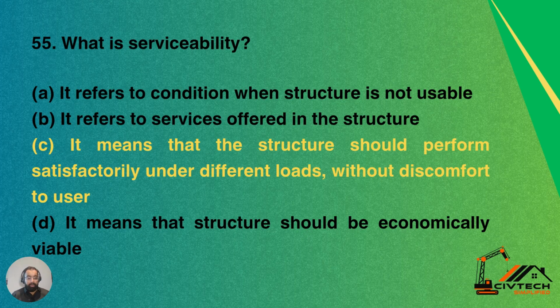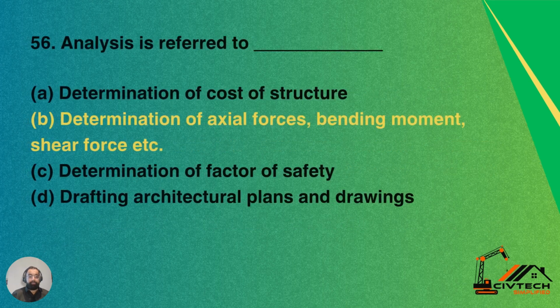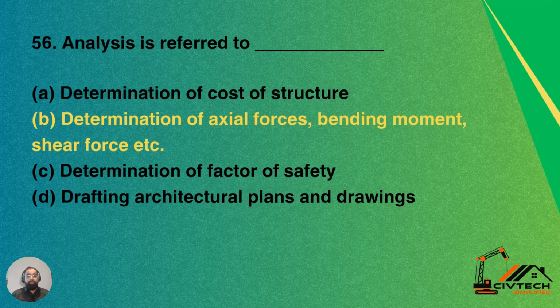Option D, it means that structure should be economically viable. So C is the correct answer for this question. Serviceability means the structure should perform satisfactorily under different loads and without creating any discomfort for the tenants or users.